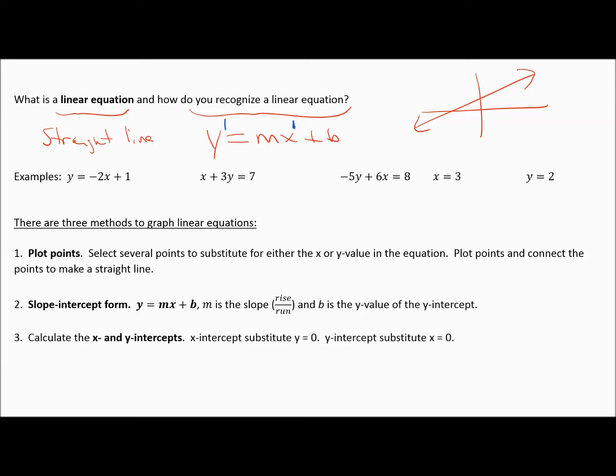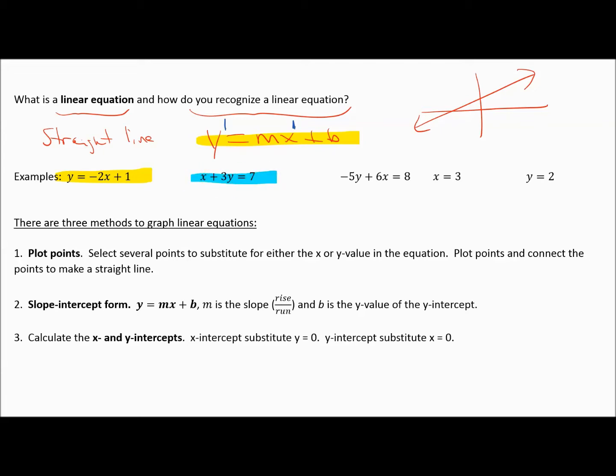If you'll take a look at the first one right here, y equals negative 2x plus 1, that is in that classic form that most students remember, y equals mx plus b. We'll talk more about that in just a minute. On the other hand, x plus 3y equals 7 is not in that form at all.